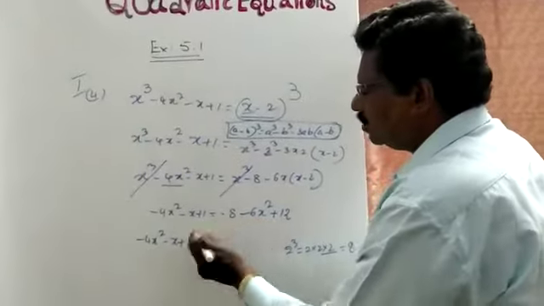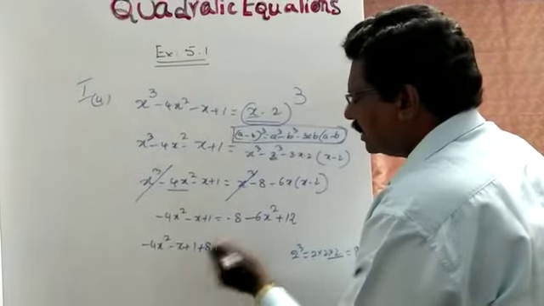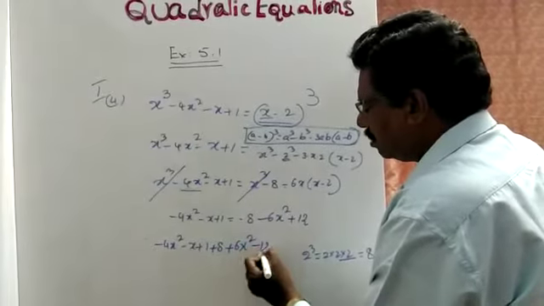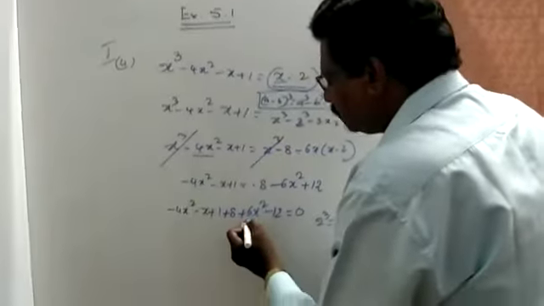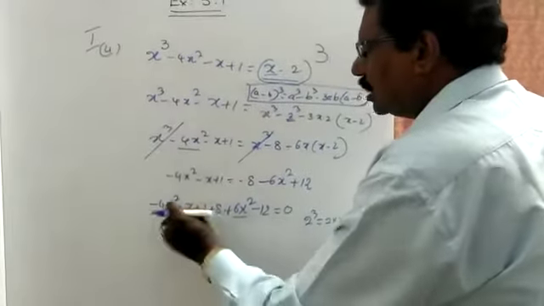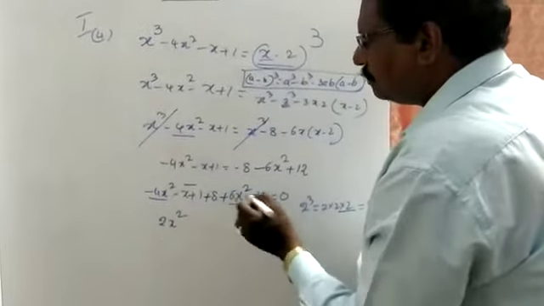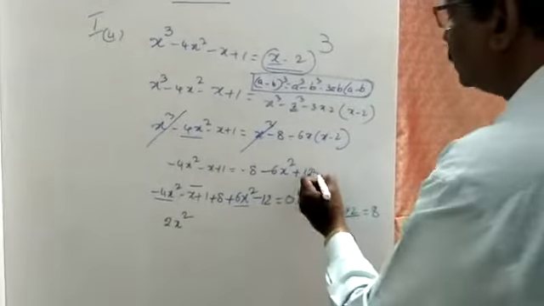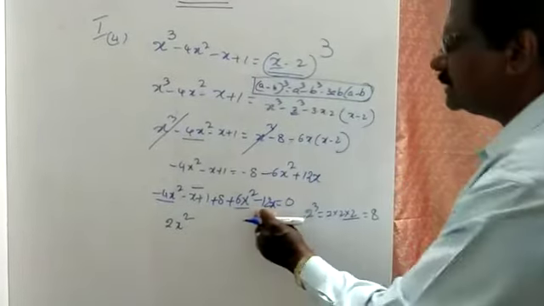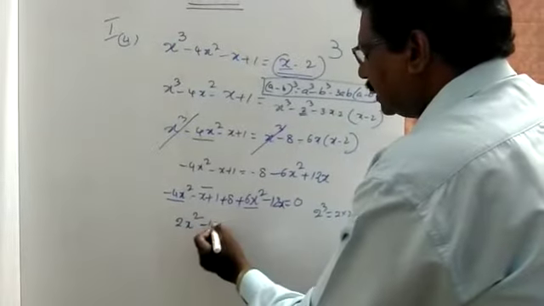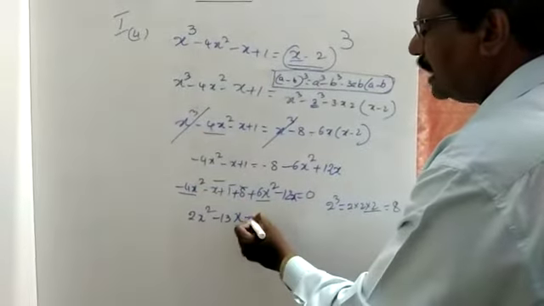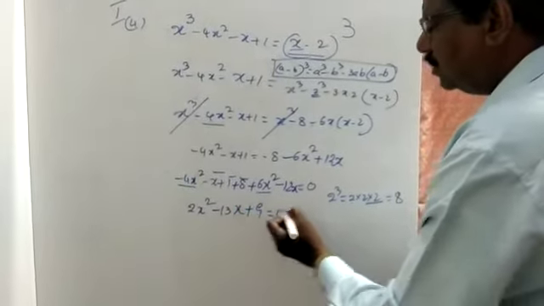So here you take minus 8, it goes to plus 8, minus 6x square goes to plus 6x square, plus 12x takes left side minus 12x, equal to 0. Remember here 6x square minus 4x square remainder 2x square. Next minus x minus 12x, minus 13x. Remaining constants value how much here? Plus 9 is equal to 0.